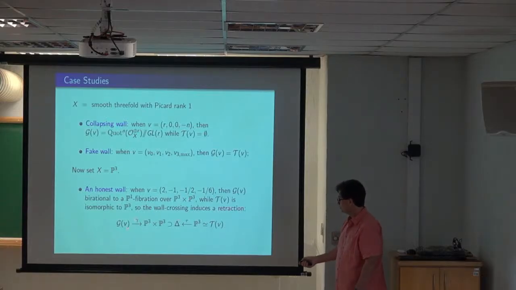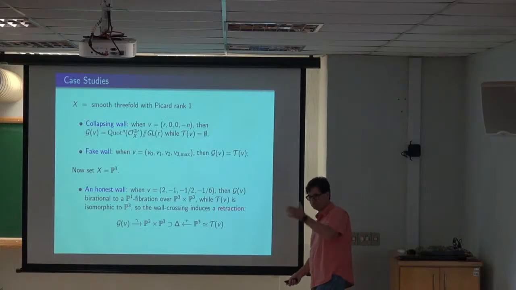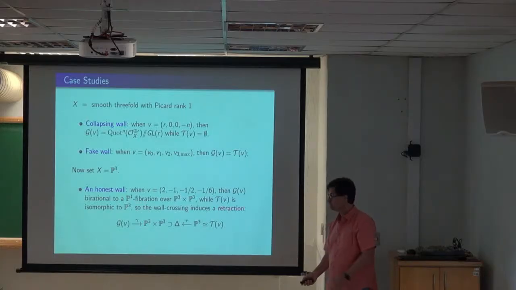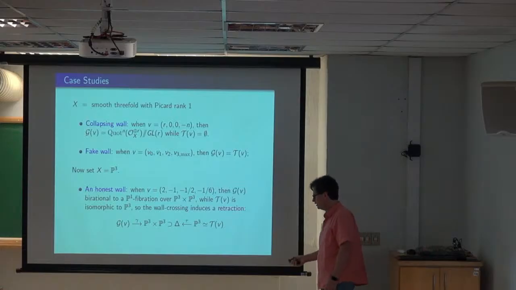P3 times P3 is the moduli space at the wall, so this is the wall crossing map here. And on the other side of the wall, the PT moduli space is just P3, which is isomorphic to the diagonal inside P3 times P3.